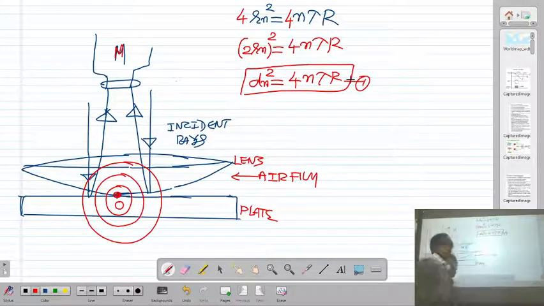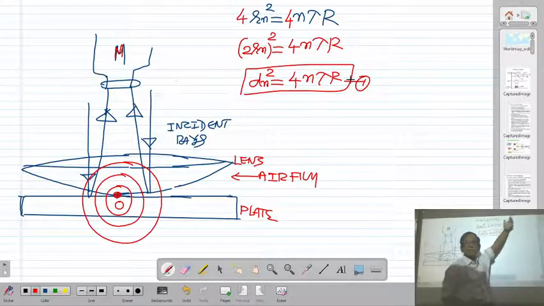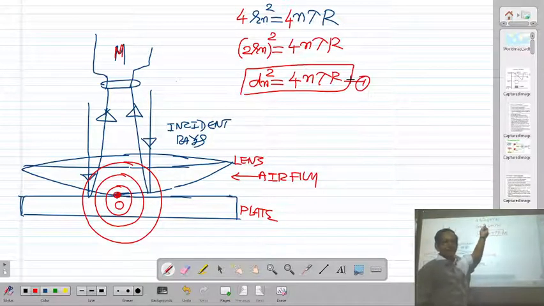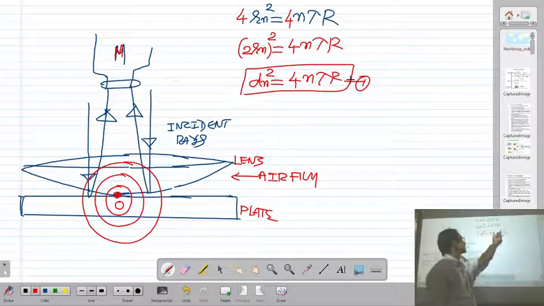So if you multiply by 4 on both sides, you get 4Rn square is equal to 4n lambda r, or 2Rn square is equal to 4n lambda r. Rn is the radius of the nth ring, so 2Rn is the diameter of the nth order dark ring, because Dn square is 4n lambda r.